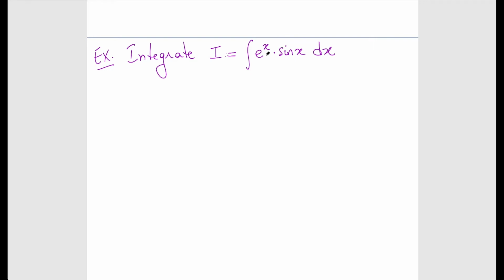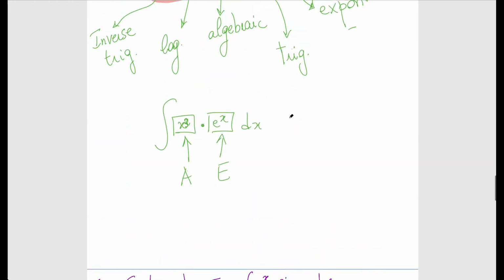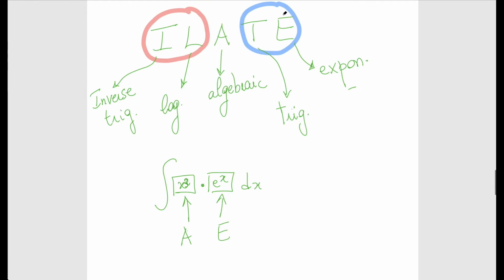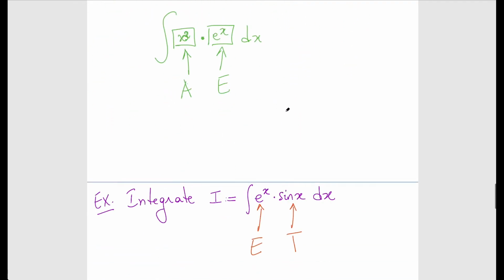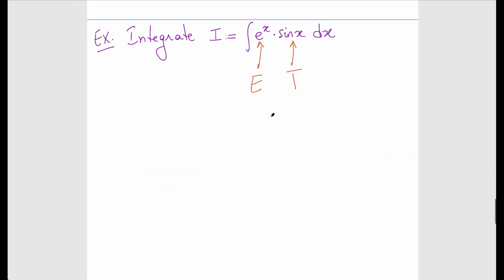Here this one is in class E and this one is in class T, and they're in this loop. As I said, it doesn't matter which one is going to be V, and let me show it to you. So we're going to use integration by parts.